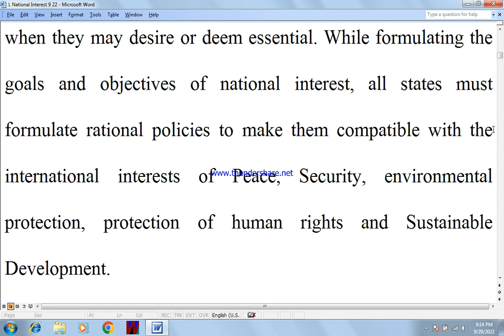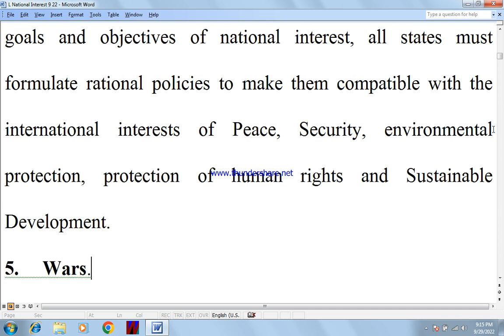All states must formulate rational policies to make them compatible with the international interest of peace, security, environmental protection, protection of human rights, and sustainable development.